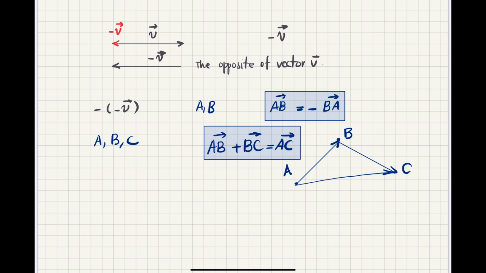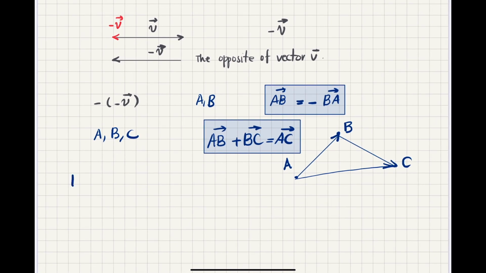So I would say that, let A, B, and C be arbitrary points.